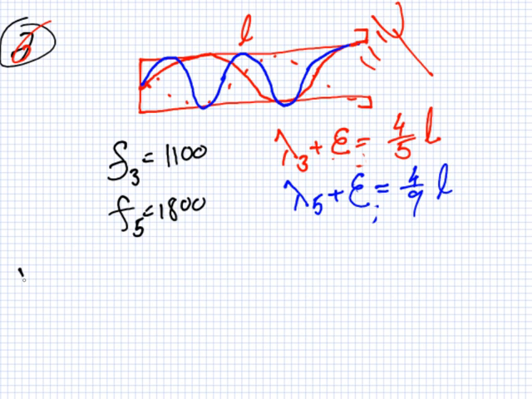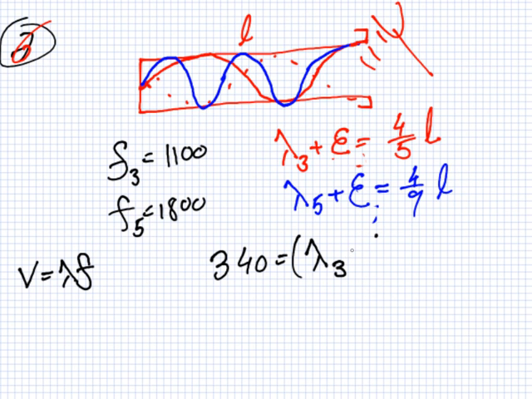So you have V equals lambda F. So you could say, for example, 340 equals lambda 3 times F. But what I'm saying here is this lambda won't be perfect.